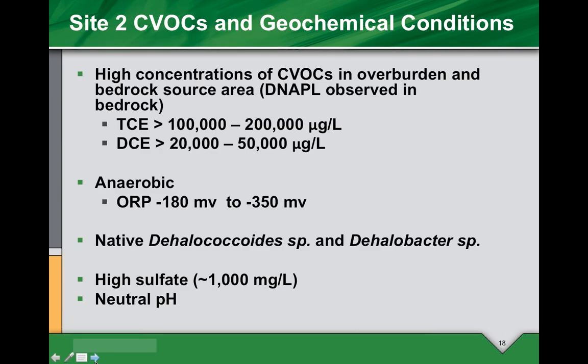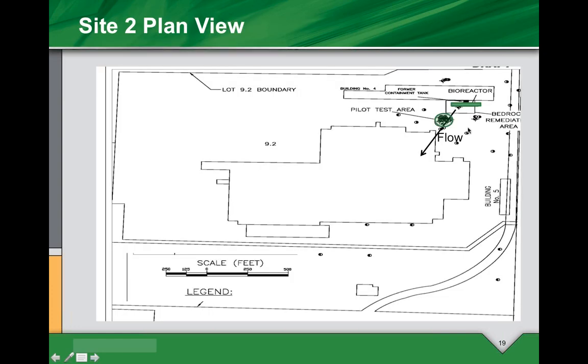This particular site has slightly higher sulfate concentration in the groundwater, approximately 4 to 5 times higher, approximately 1,000 milligrams per liter. And we'll be focusing on the influence of that in several of these slides. As observed at Site 1, the pH of the groundwater is neutral.